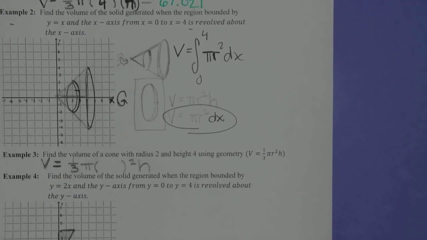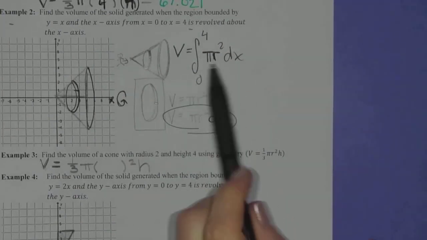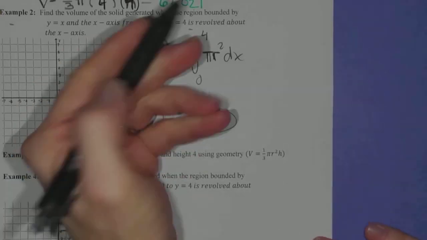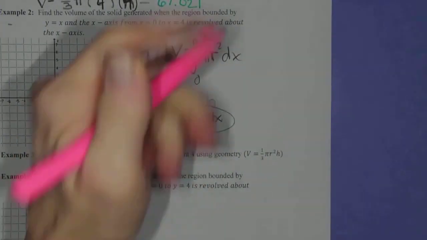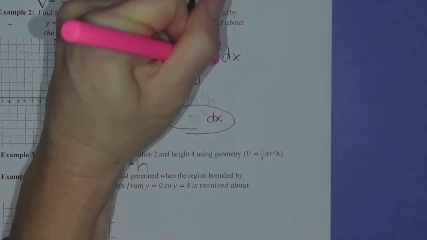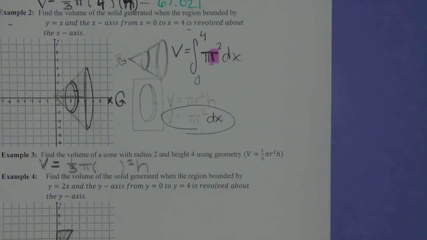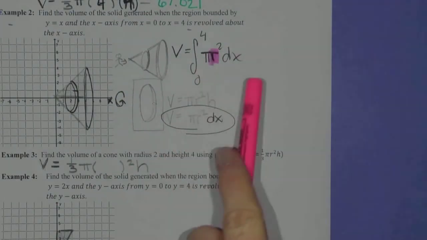Now the last piece of this, if you want to go to your calculator to figure out the actual number, is we need to find r, the radius of our discs, in terms of x. We have too many variables right now.